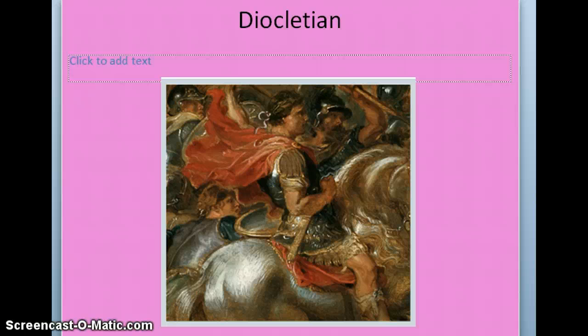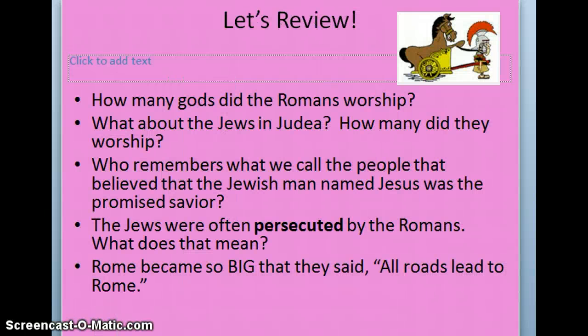He didn't want to give up the power, but he did want to help rule the empire. So he was still the main leader, but after he gave up the throne, no one could decide who was in charge. So that's what we're going to talk about today. First, he named one assistant coach and a co-leader, and then he had to continue to add a few more.